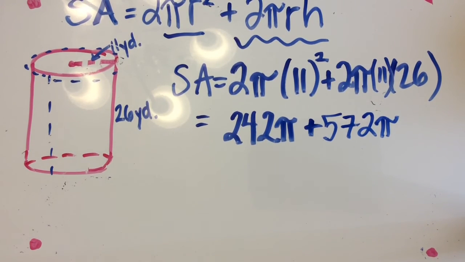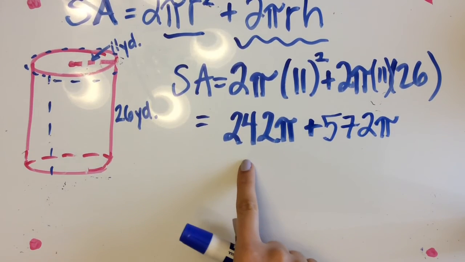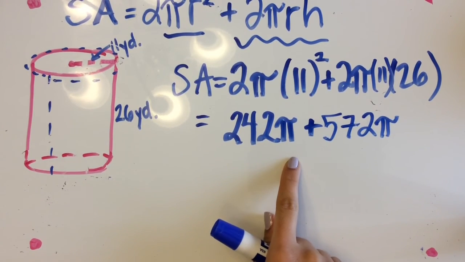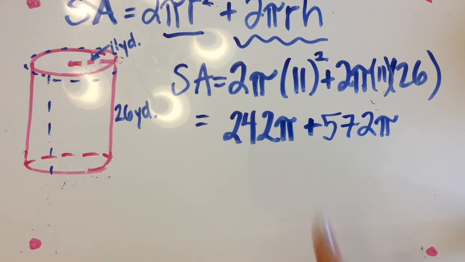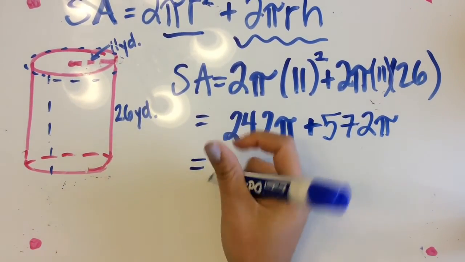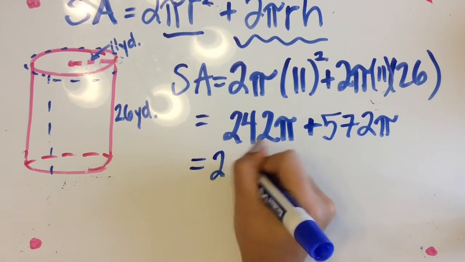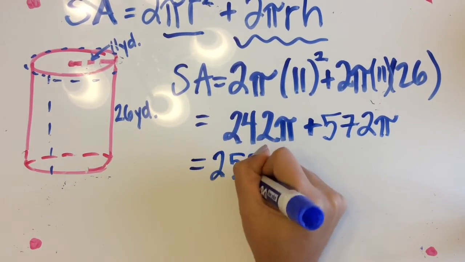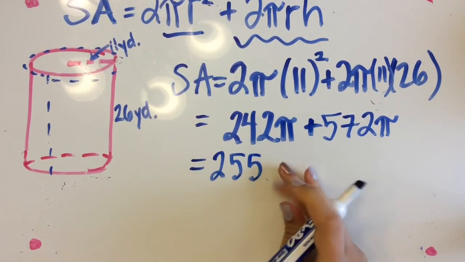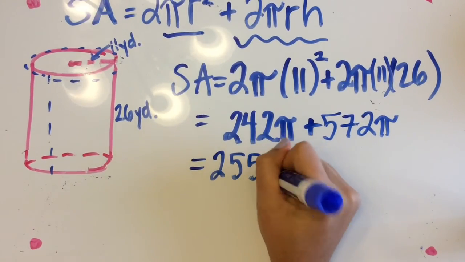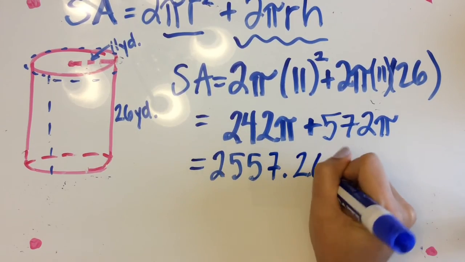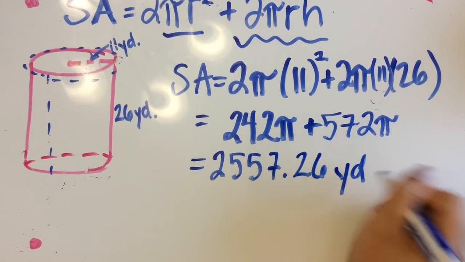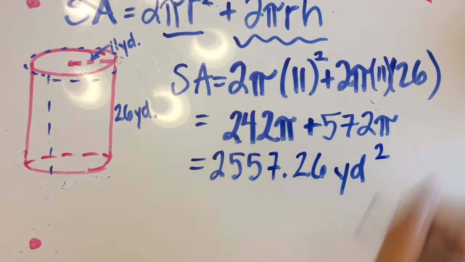Then I just plug it into my calculator and multiply 242 times pi and 572 times pi, and I just add those together. And you should end up getting 2,557.26. And we're measuring in yards, and this is area, so it's two-dimensional, so it's squared.